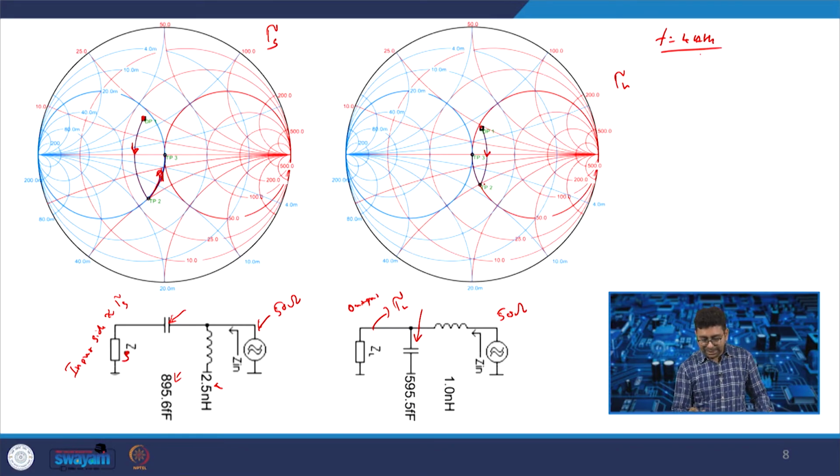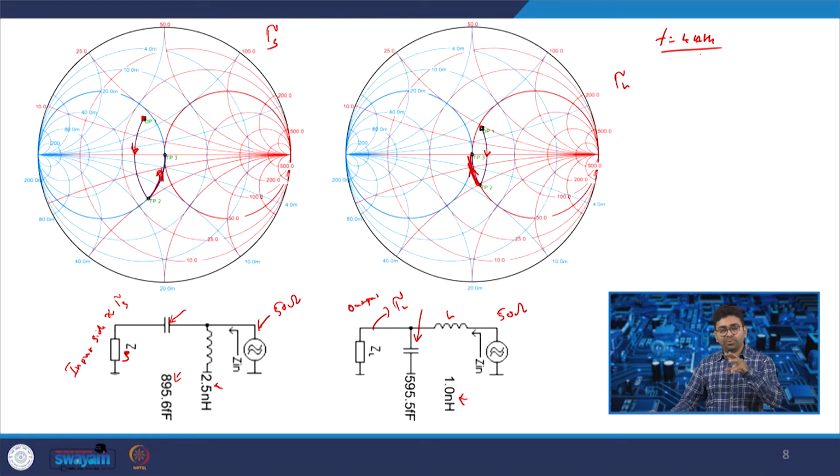And then, when you are going up in order to meet the 50 ohm line, when you are moving up you are adding an inductor in series, and that will be around 1 nanohenry of value. So, this is the way you can get the LC matching at the input side and output side.